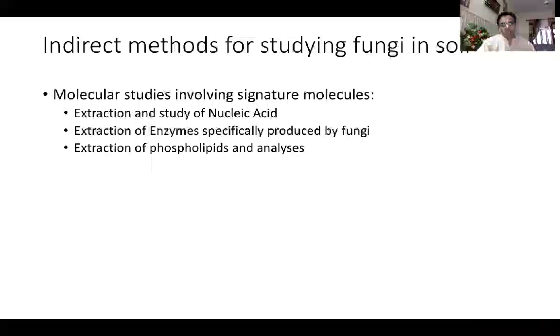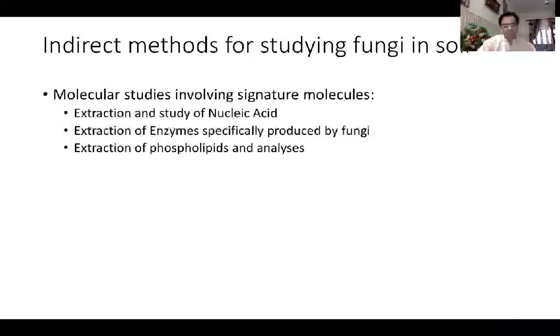For example, there are different molecular techniques in which specific signature molecules are targeted. The most important molecule is the nucleic acid. Nucleic acid can be extracted from the soil, and then specific primers can be used for detection of fungi.